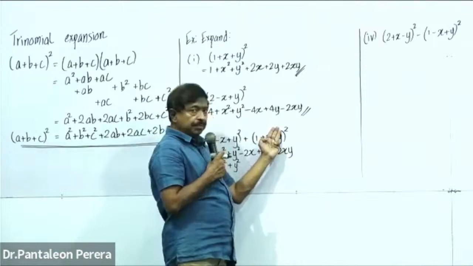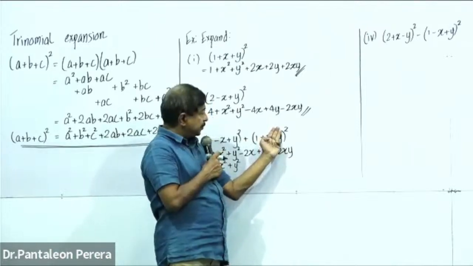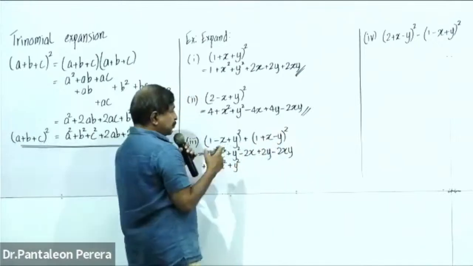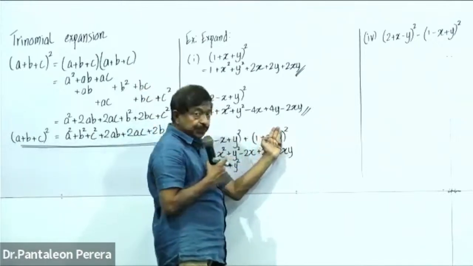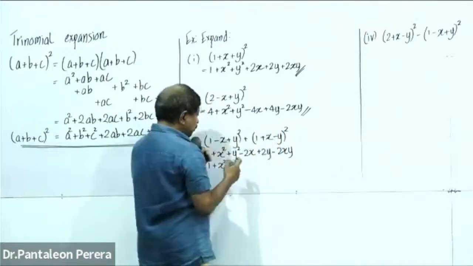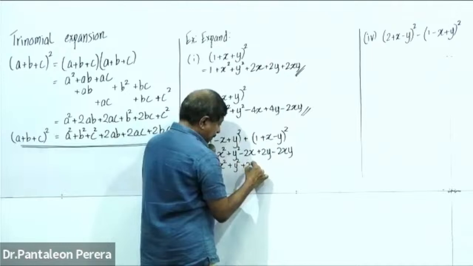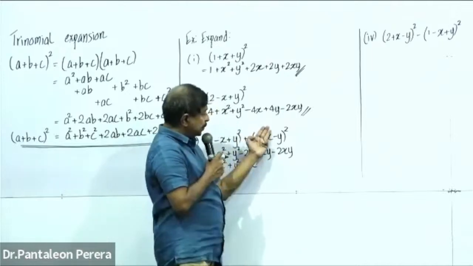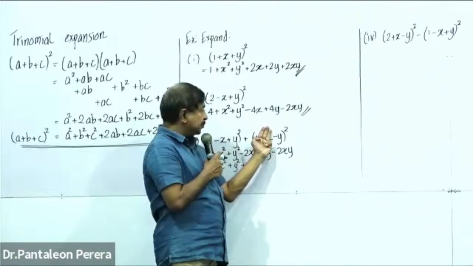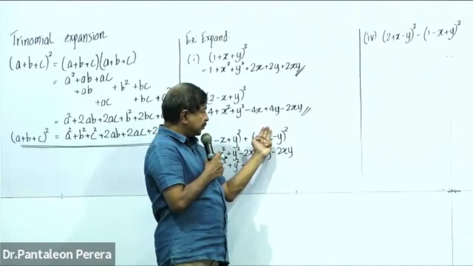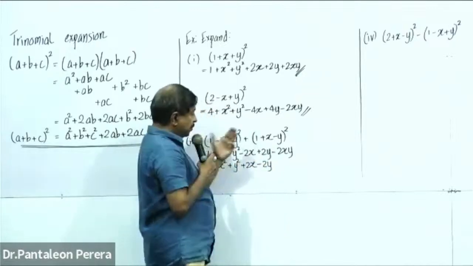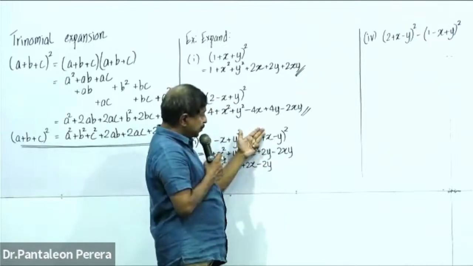Now close this. When you multiply these 3, you get 2x. There are no negative signs attached to the elements you see. Therefore, plus 2x. Now, when you close this, you have minus 2y. 1 times 2 times minus y, minus 2y. When you close this, you get minus 2xy.